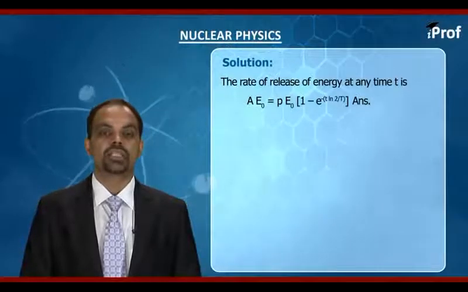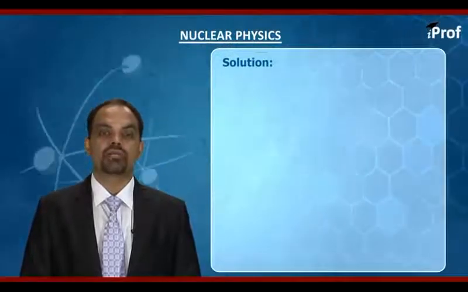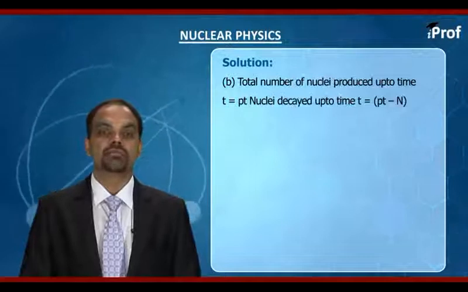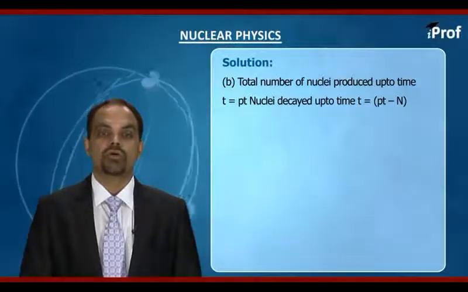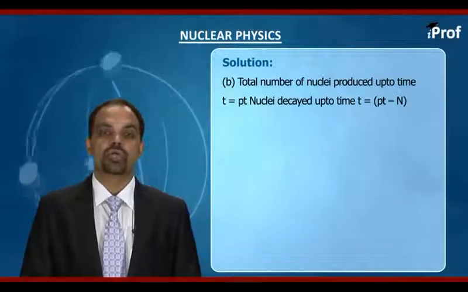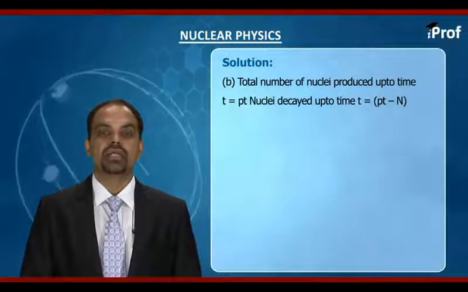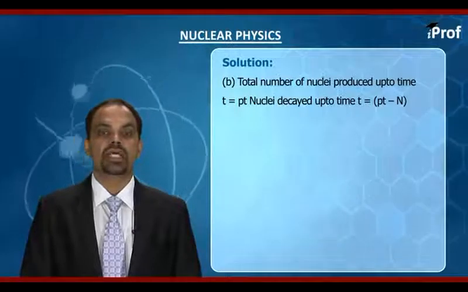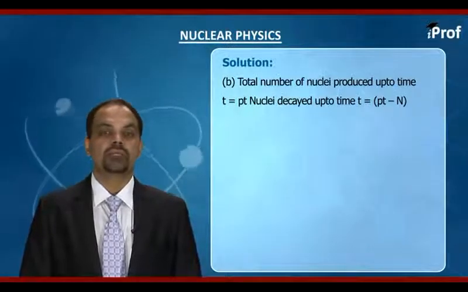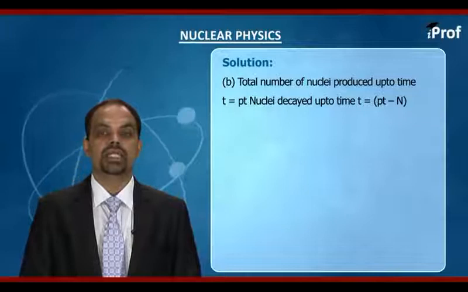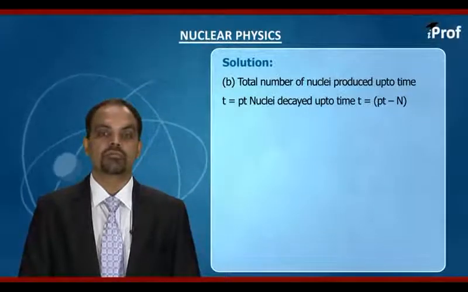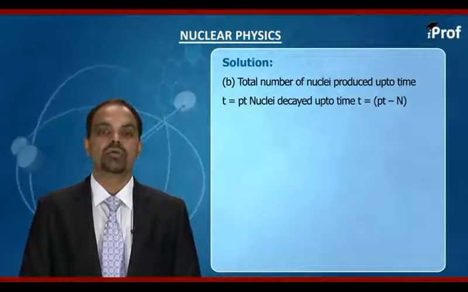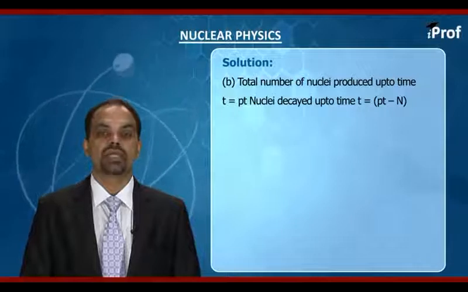Now for the second part, where we have to calculate the total energy release up to time t, we need to calculate the total number of nuclei which have decayed up to this time t. So nuclei decayed up to time t will be simply P t minus N. P is the constant production rate and N is the number of nuclei left at any instant of time.